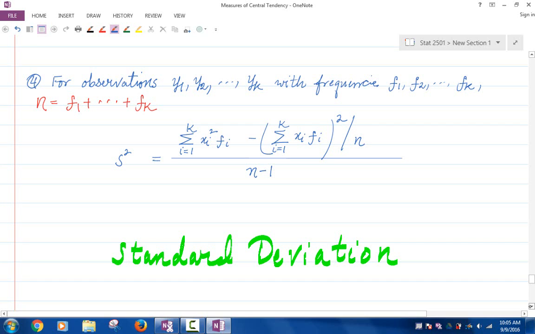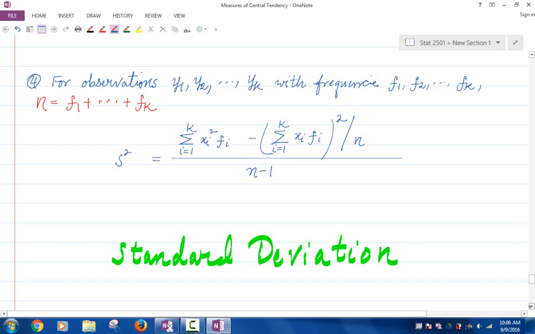This is the formula you would use if you are given the observations with frequencies. So y1 has frequency f1, meaning y1 repeats f1 times in the data, right? In that case, n is the total frequency, the total number of observations, which is f1 plus f2 plus dot dot dot plus fk.